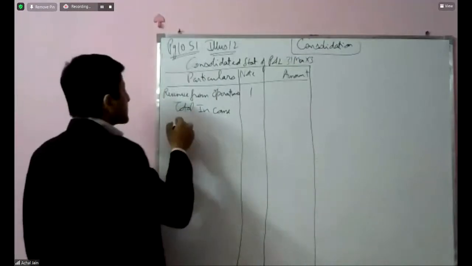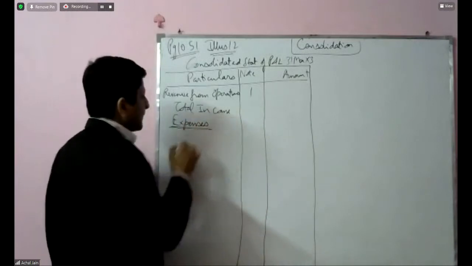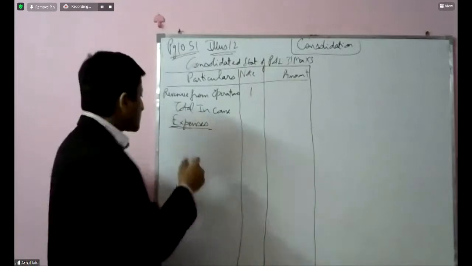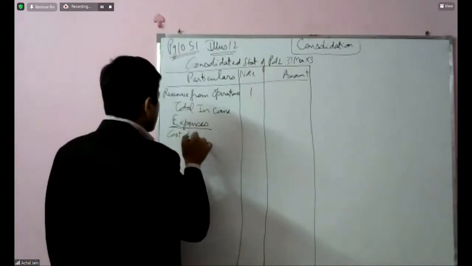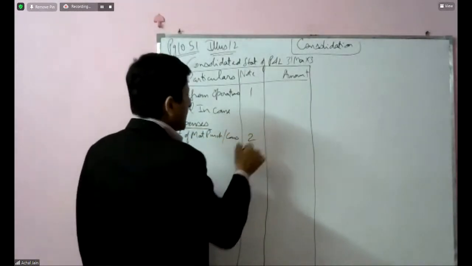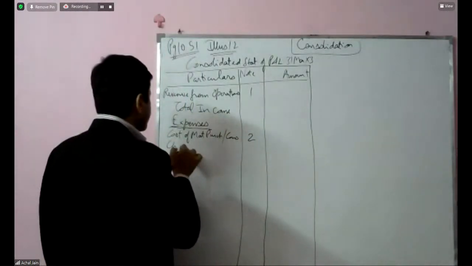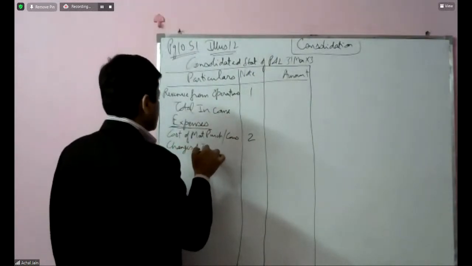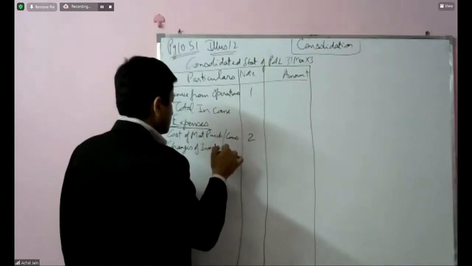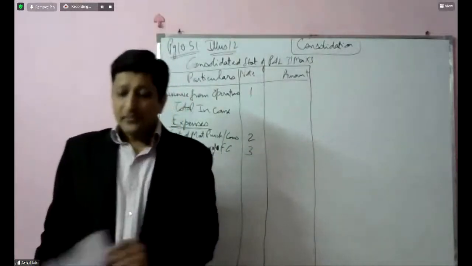Then we have expenses. In terms of expenses, we can say cost of material purchased or consumed, Number 2, changes of inventories of finished goods, Number 3, employee benefit expense.